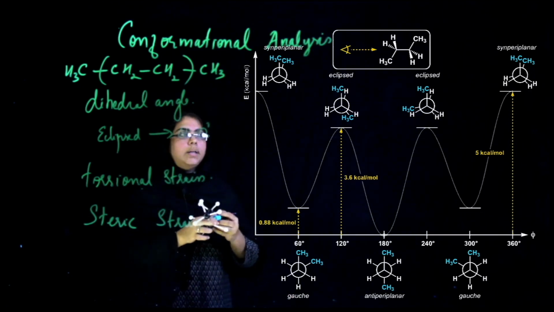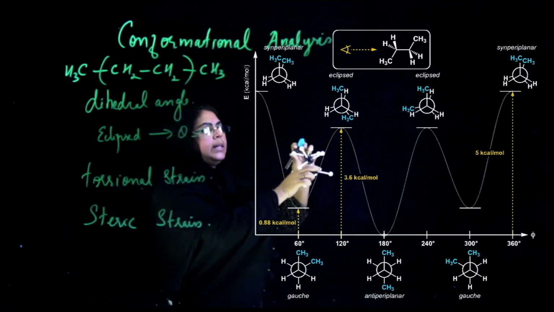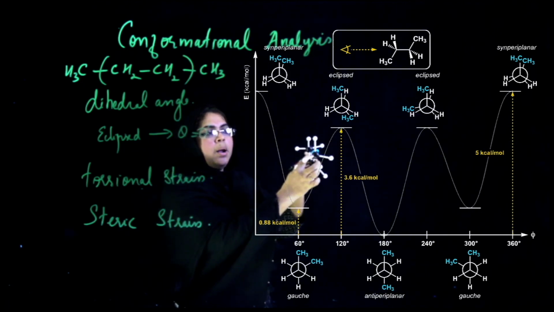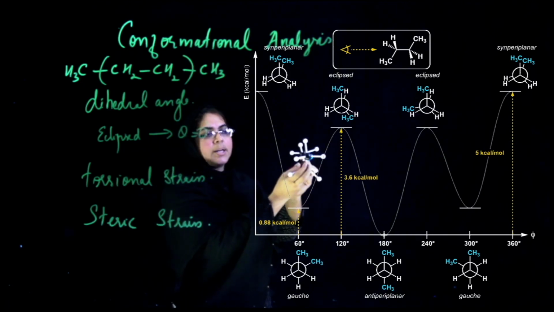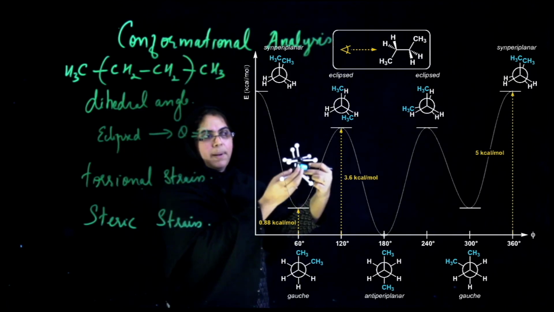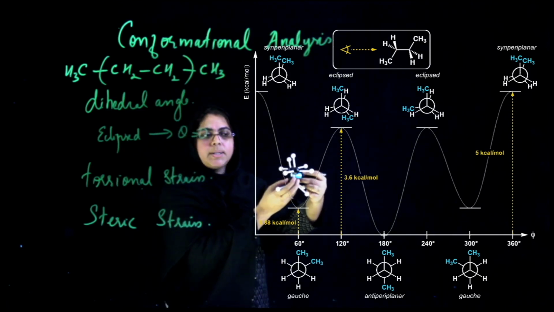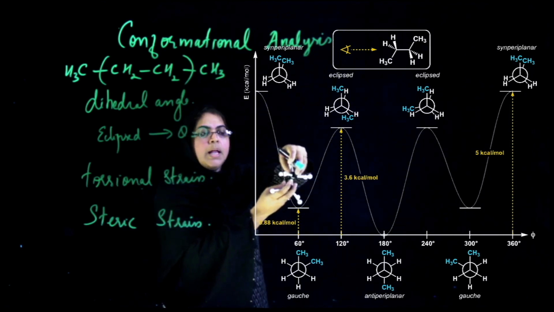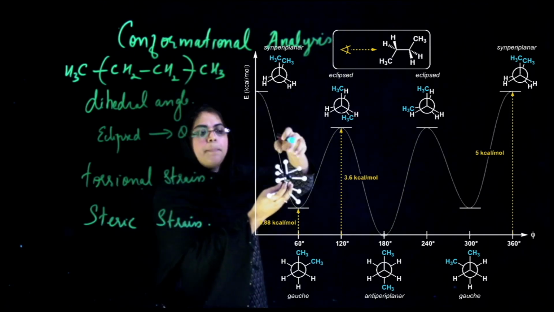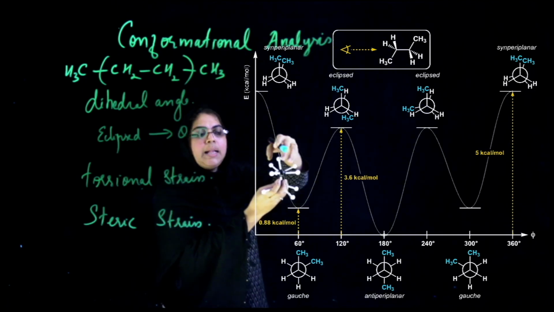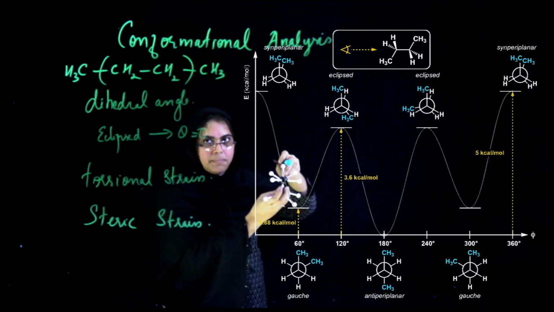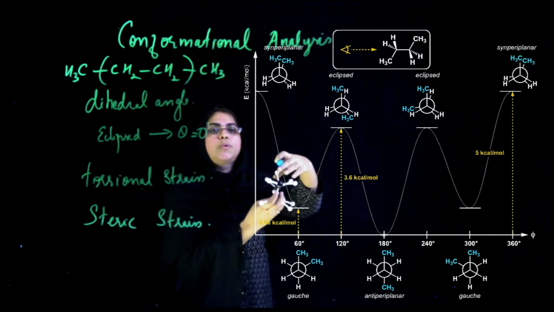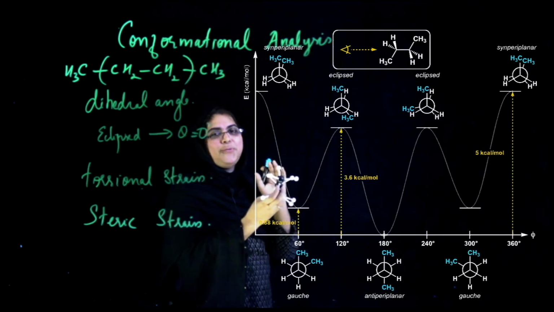Torsional strain is the repulsive interaction between the bonded electron pairs. What is the steric strain? Due to the CH3 groups, these two bulky groups will interact with each other, because the distance between them will be less than the van der Waals radii.